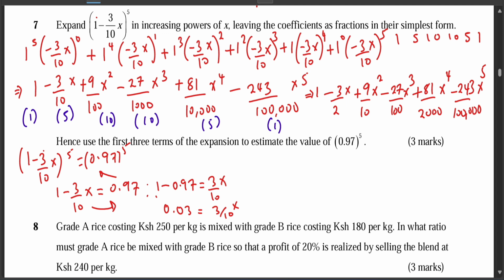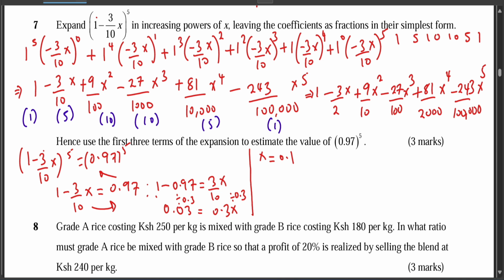So 3 over 10x is around 0.3x. So if you divide by 0.3, your x is 0.1. Yes, it is 0.1.